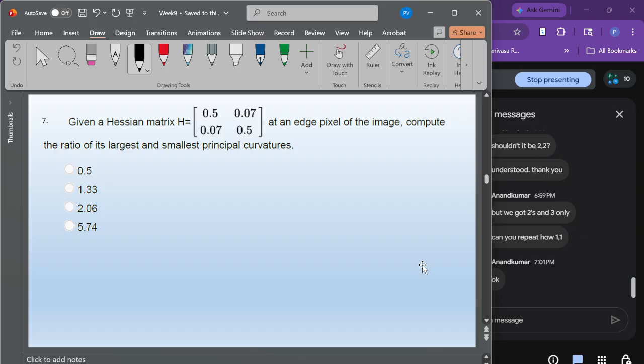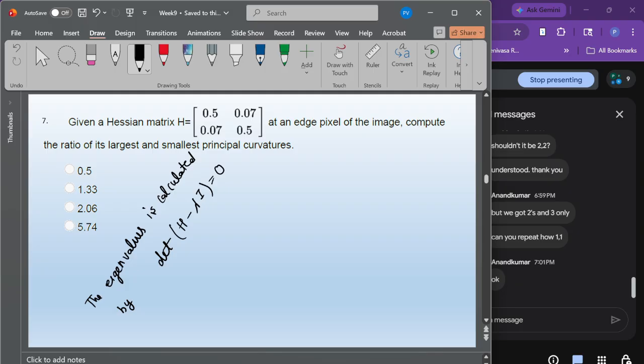So how we can calculate the eigenvalues? The eigenvalues are calculated by determinant of H minus lambda I must be equal to 0, right?